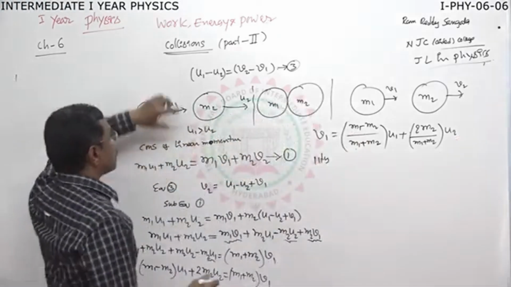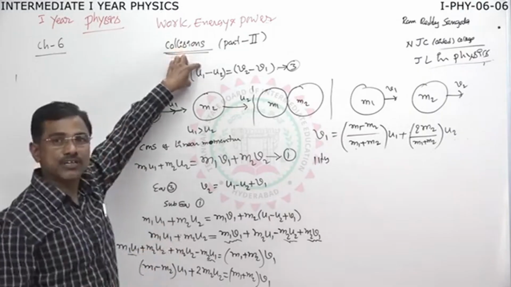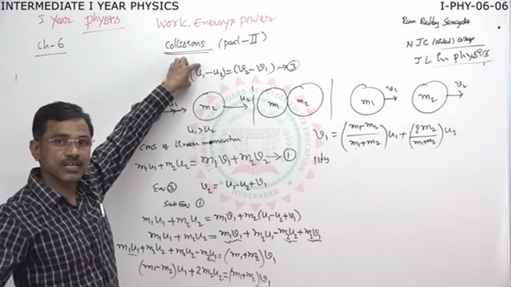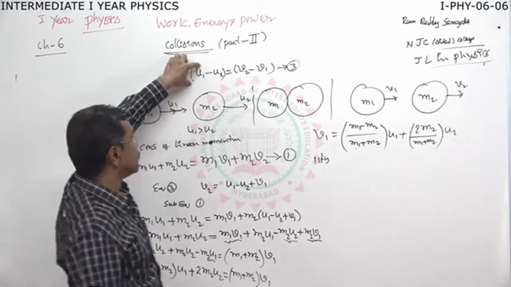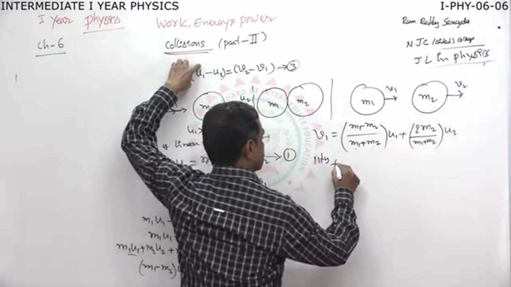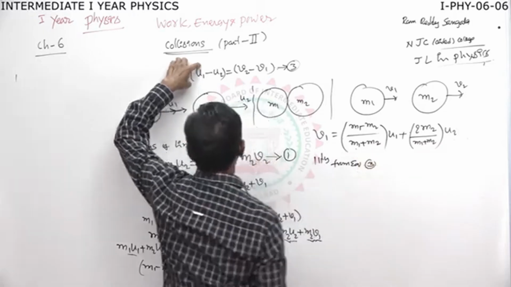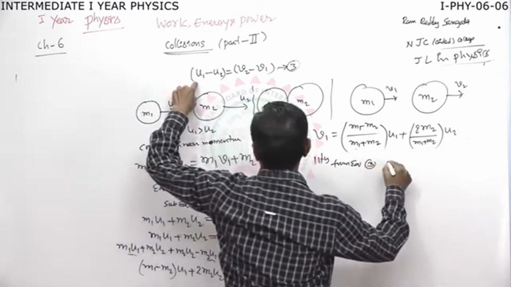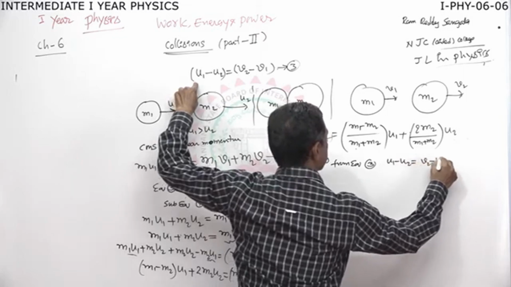Similarly, from equation 3, now our intention is to calculate the V2 value. So for that, we have to eliminate the V1 value. From equation 3, if you want, you can write it again, no problem. U1 minus U2 is equal to V2 minus V1.